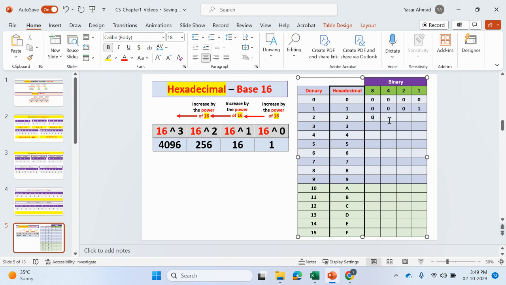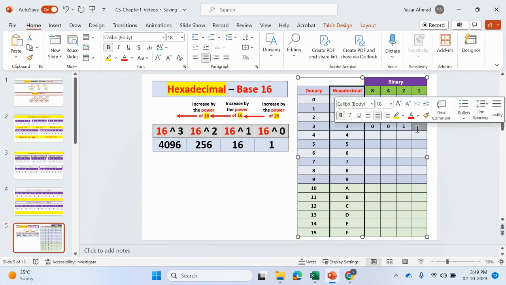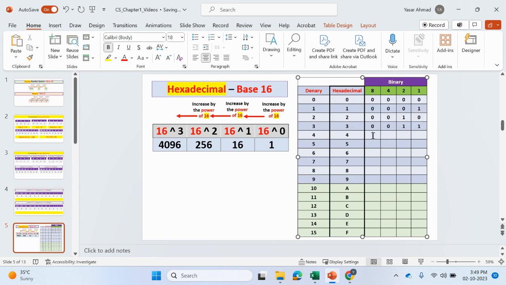For 2, it's going to be 0, 0, and then we put a 1 underneath the 2. For 3, 0, 0, 1, 1, which is 2 plus 1, which is 3. And then for 4, we can put a 1 here and then 0, 0.